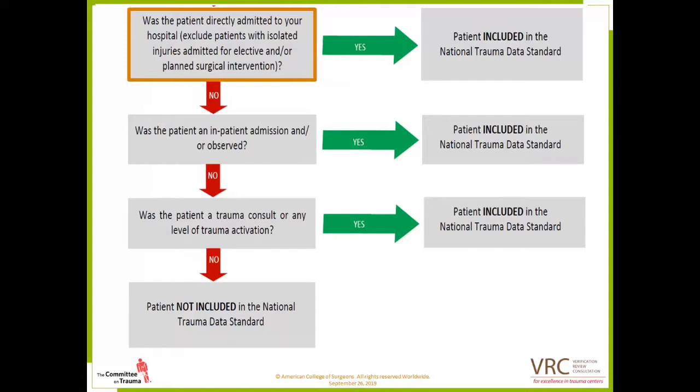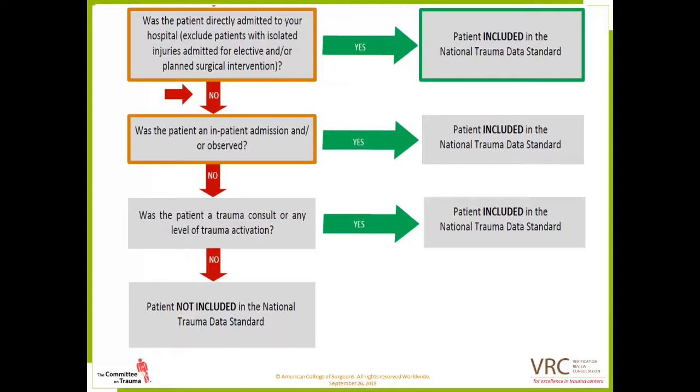And then we have this: exclude patients with isolated injuries admitted for elective and/or planned surgical intervention. I'm going to talk more about that in a minute, but let's just talk about, was the patient directly admitted to your hospital? If they were, then they are included and they meet the NTDS patient inclusion criterion. If not, then you need to move on to the next question.